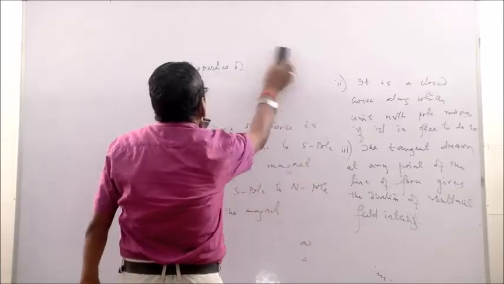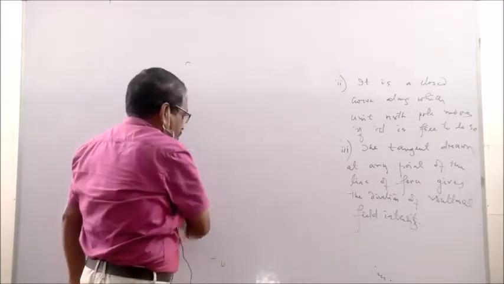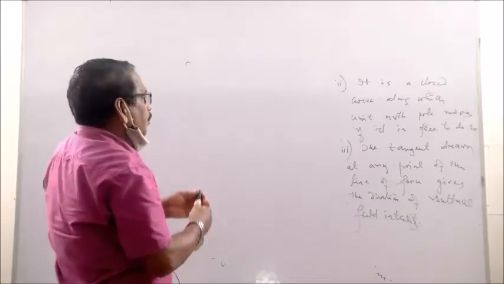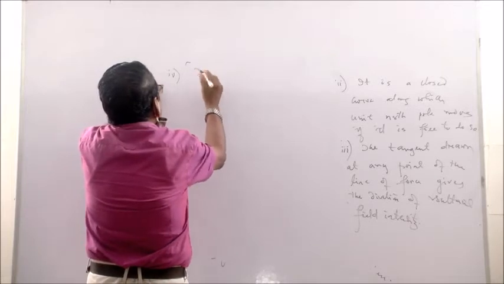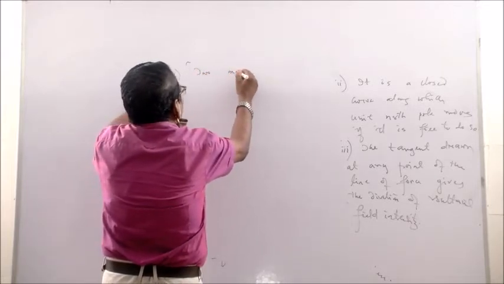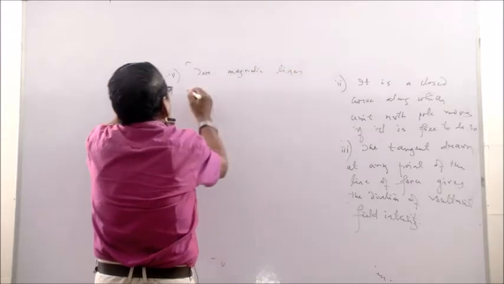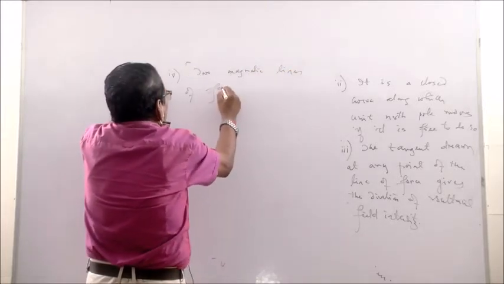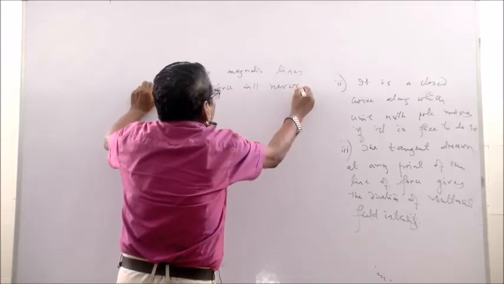The fourth point is a very important point and very often it comes in the examination. Very important from the examination point of view. As the fourth point, two magnetic lines of force will never intersect. This is very important.